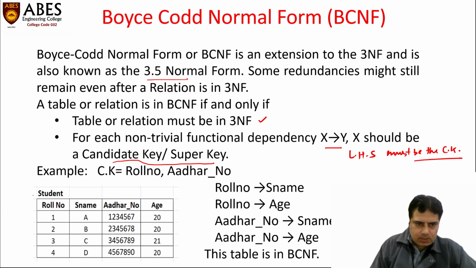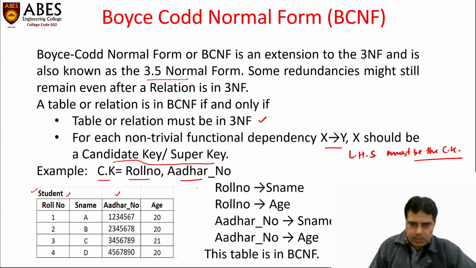For example, there is a student relation. Attributes are roll number, student name, Aadhaar number, age. Here we can see that the candidate keys are roll number and Aadhaar number.